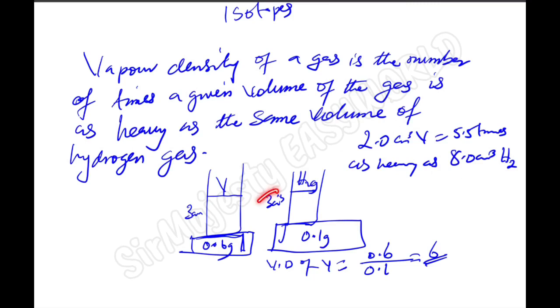From what I explained here, I made it 3, and they say a given volume, the same volume. So your job is to choose a specific volume, making sure it is the same volume of hydrogen. So we can now ascertain how many times 8 cm cube of V will be as heavy as 8 cm cube of hydrogen. If 2.0 is 5.5 times as heavy, 8.0 will be what? Whatever 8.0 weighs as is the vapor density.